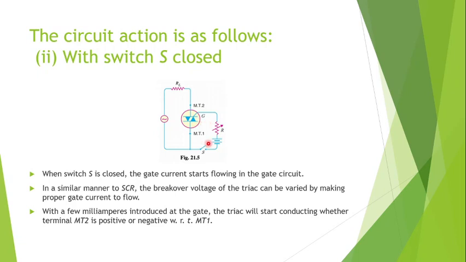So the higher the gate current, the lower the value of the voltage at which the TRIAC will start conducting, irrespective of the polarities, whether MT2 is positive with respect to MT1 or it is negative with respect to MT1. In either case, it will start conducting with the application of the gate current.